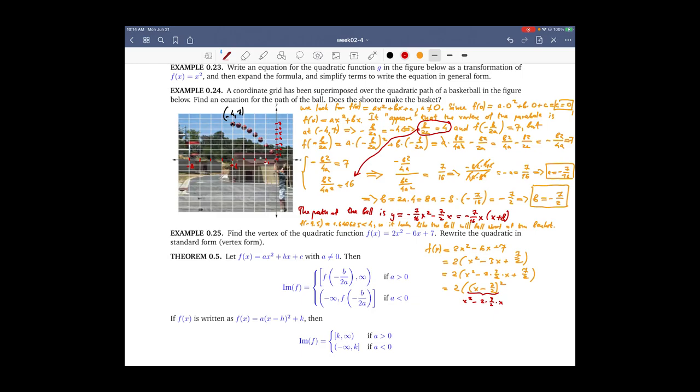That is good, we already have that. But then we will have an extra term, 3 halves squared. So to compensate for that, we need to subtract 3 halves squared from our expression.